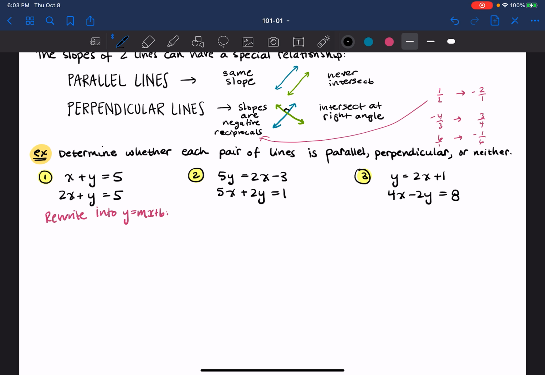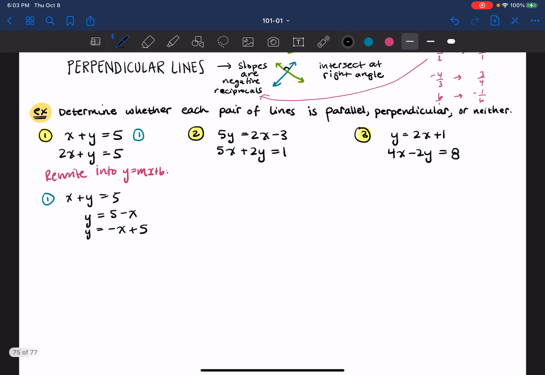All right, the first one, let's call this number 1. So the number 1 equation, we've got x plus y equals 5. We want to solve that for y, so we'll just subtract x. But I want to write it like mx plus b, so I'm going to write negative x plus 5. So the slope here equals negative 1. Okay, let's take a look at the second equation and find its slope.